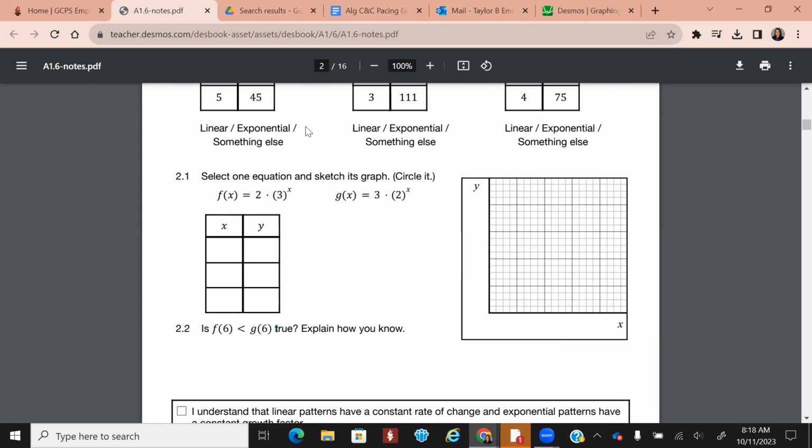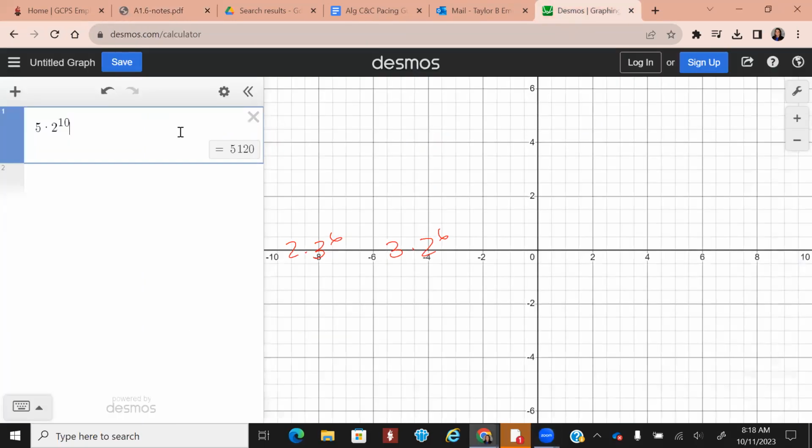So let's check it. If we plug in 6 on this one, and then we plug in 6 on this one, which one's bigger? We're going to go into our graphing calculator, and we're going to say 2 times 3 raised to the 6, and then 3 times 2 raised to the 6.